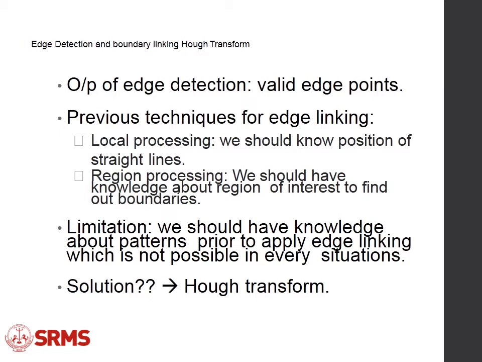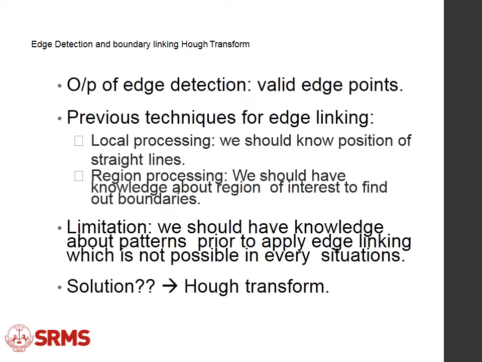We may or may not have an idea about the pattern designed by the image. What kind of objects are there, what kind of creations are there, we don't know how it will give the output.